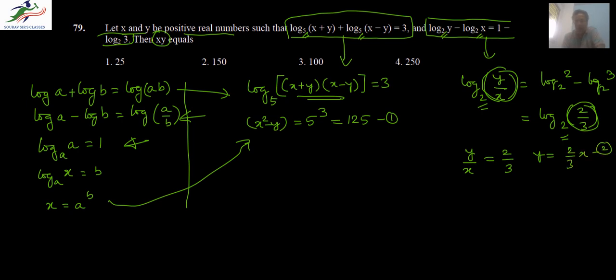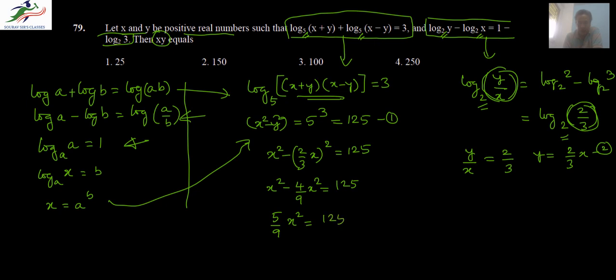So I substitute the value of y in the first equation and I get x square minus 2/3 x, which is the value of y, whole square is equal to 125, or x square minus 4/9 x square is equal to 125, or 5/9 x square is equal to 125.